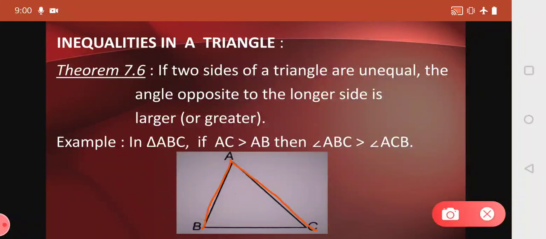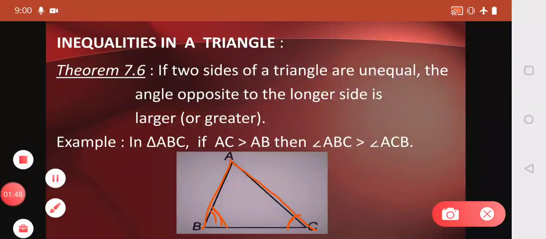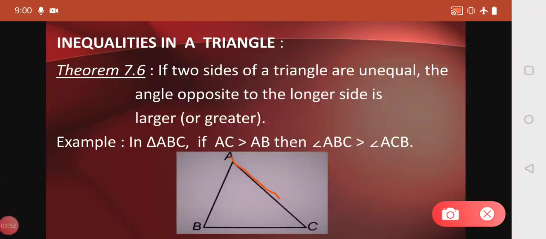It is given that if AC is greater than AB, then angle ABC, this is your angle ABC, will be greater than angle ACB, because side AC is longer, it is given, and the opposite angle of the longer side. Now, opposite angle of longer side means we know that AC is given longer.